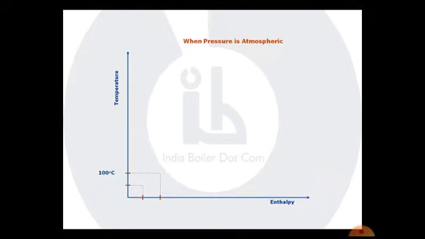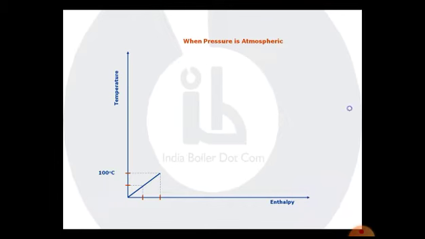Now we have 3 reference points, 1 starting and 2 intersection points. When we join these, we get a line. This line represents the relationship between temperature and enthalpy when water is heated under atmospheric pressure condition. So we call it the atmospheric pressure line on the temperature enthalpy relationship. Okay, at this point, 100 degrees centigrade, we further add heat.